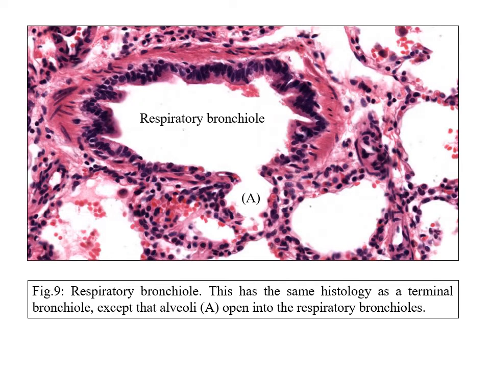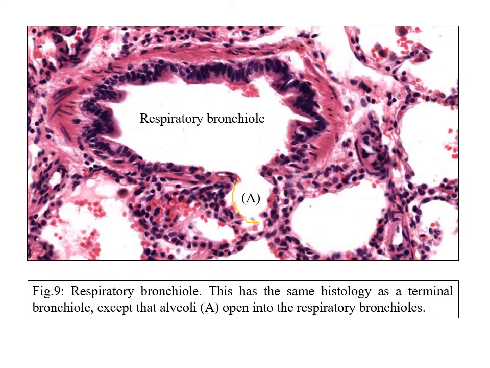Now, terminal bronchioles give rise to respiratory bronchioles. Histologically speaking, respiratory bronchioles and terminal bronchioles are alike. So the same epithelium, smooth muscles surrounding the entire structure, and of course no cartilages. But the difference between respiratory bronchioles and terminal bronchioles is that into respiratory bronchioles alveoli open.